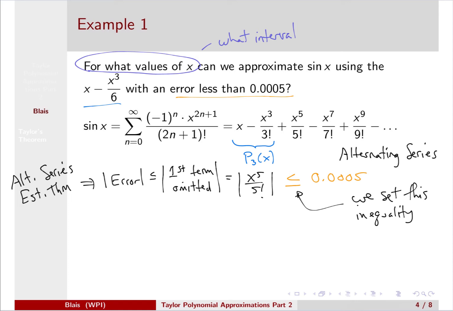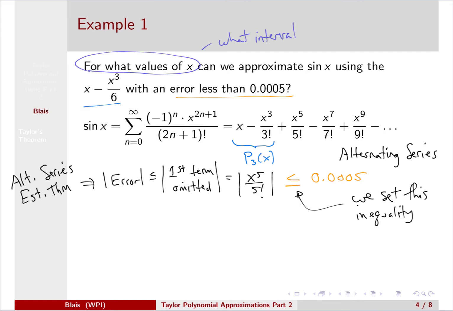And we now focus on this inequality. If we choose our interval for x such that this inequality is satisfied, the alternating series estimation theorem forces the absolute value of the error to be smaller than 0.0005 by this string of inequalities.